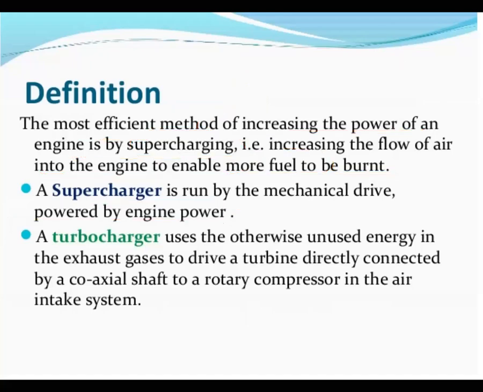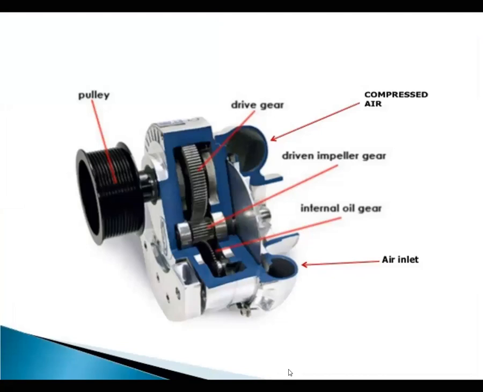Next, this is a physical diagram which I would like to explain for the supercharger. This is the pulley. As I told you, in order to run the supercharger, it requires mechanical components, either a belt, pulley, gear, or chain system.